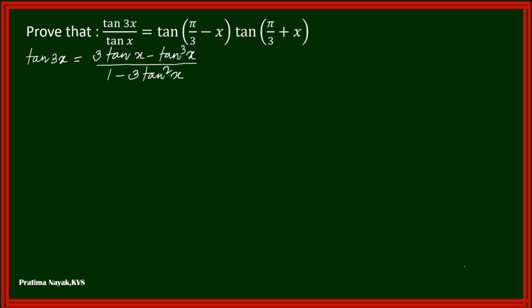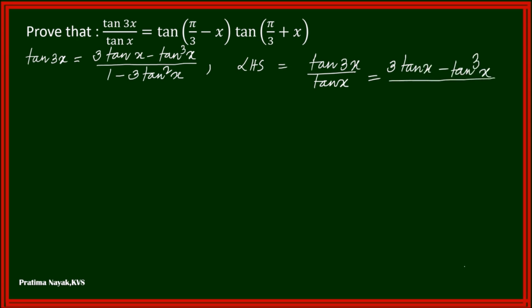Now writing LHS. LHS equals to tan 3x over tan x equals to 3 tan x minus tan cube x, but tan x was there, and here 1 minus 3 tan square x.